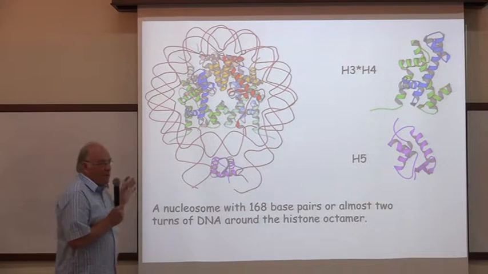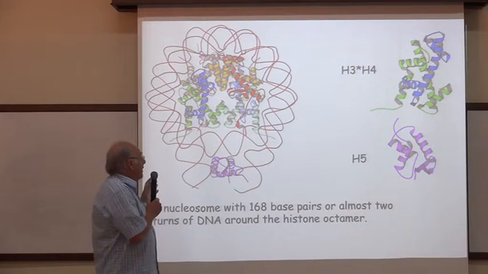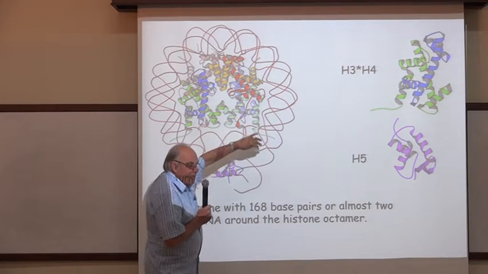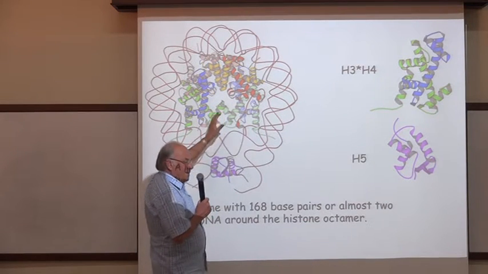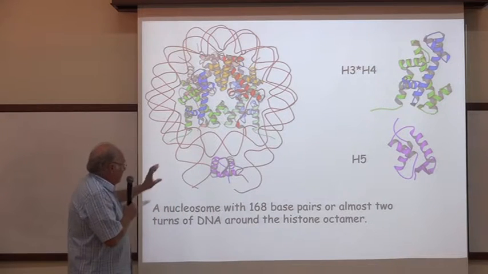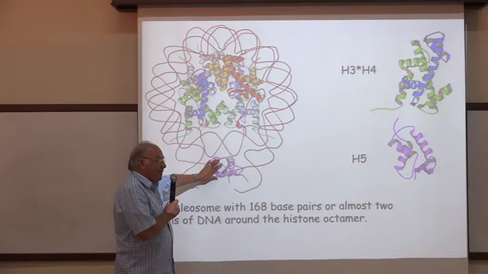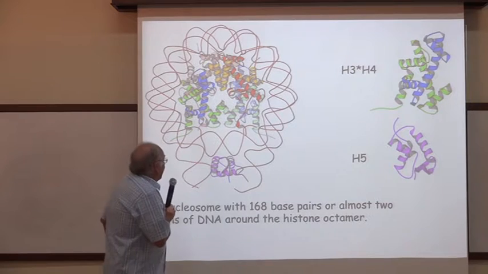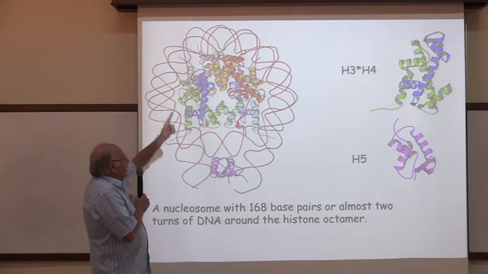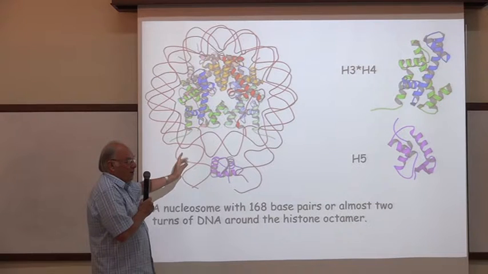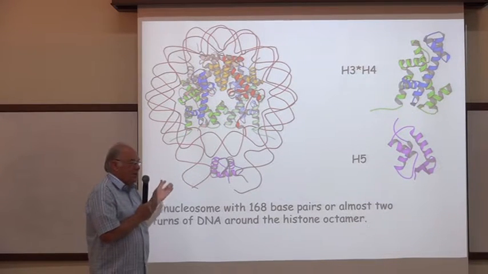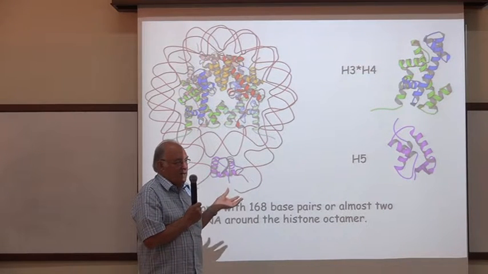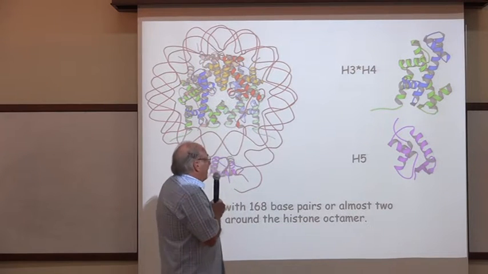And compared to viruses, which I won't be talking about, here in the nucleosome, the protein is in the center, and the nucleic acid, the DNA in this case, is found on the outside. Well, what is this? This is the extra histone, in this case H5, but H1 would also be sitting here. So the DNA here makes almost two full turns around the nucleosome. So each nucleosome has two turns of nucleic acid, and it's roughly 150 to 160 base pairs contained in one of those.